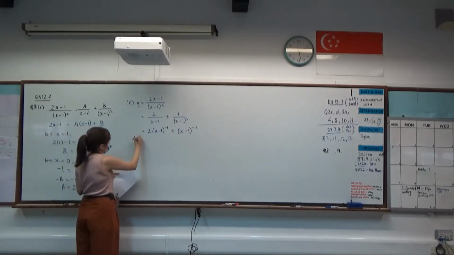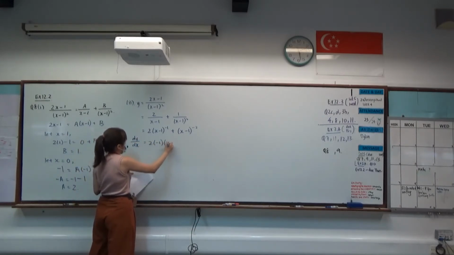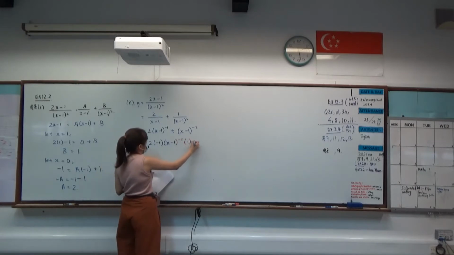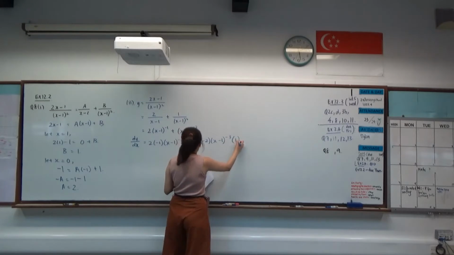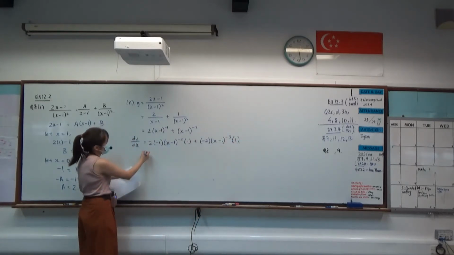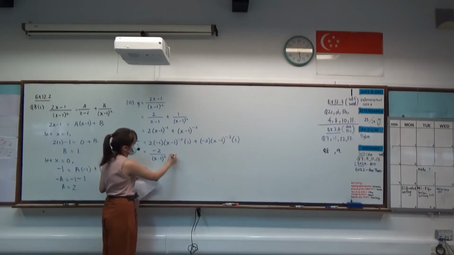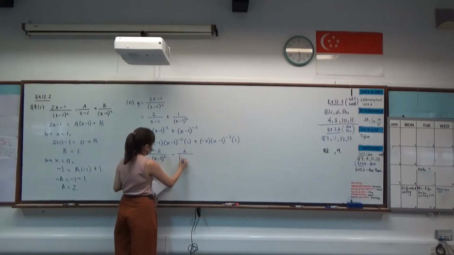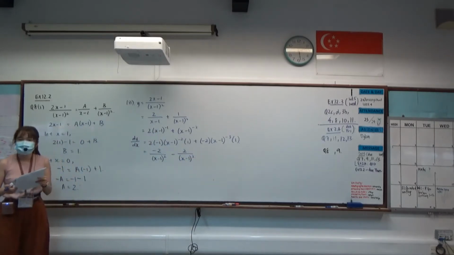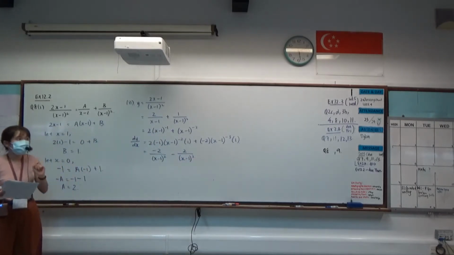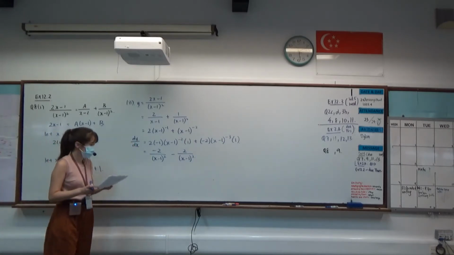Then dy over dx equals 2 times negative 1 times x minus 1 to the power negative 2 times 1 plus negative 2 x minus 1 to the power negative 3. Simplify: negative 2 over x minus 1 squared minus 2 over x minus 1 cubed. So that's how you get the answer. Okay, so application of the chain rule over here.